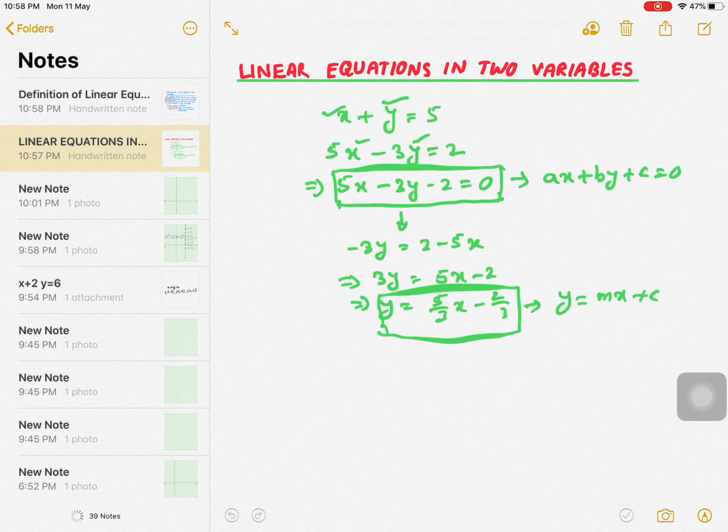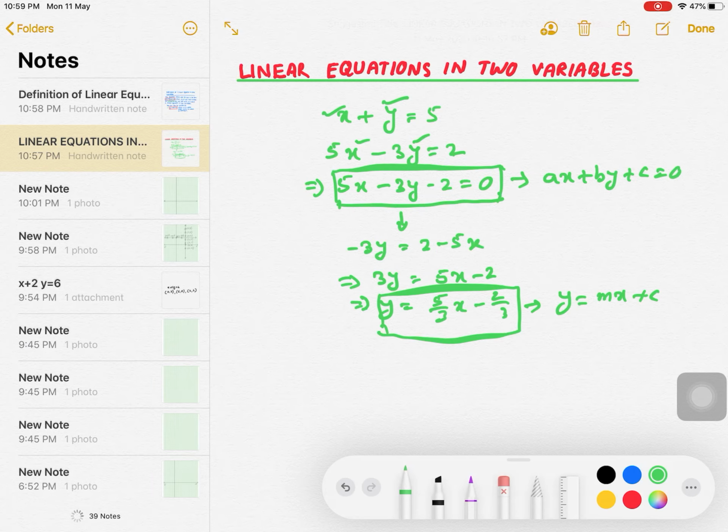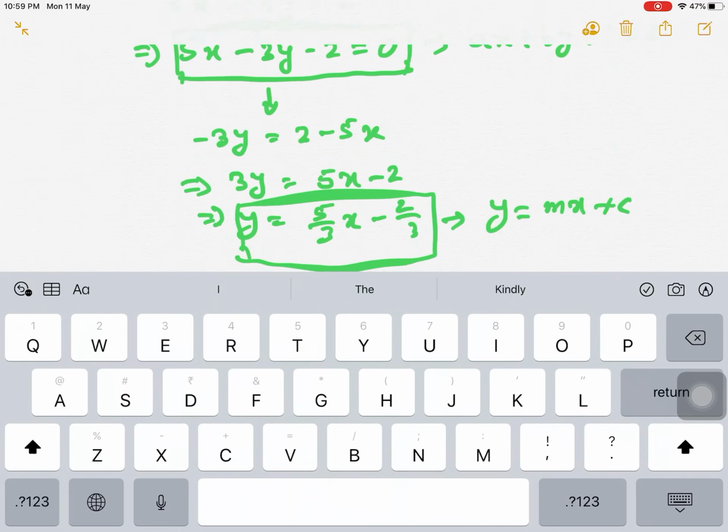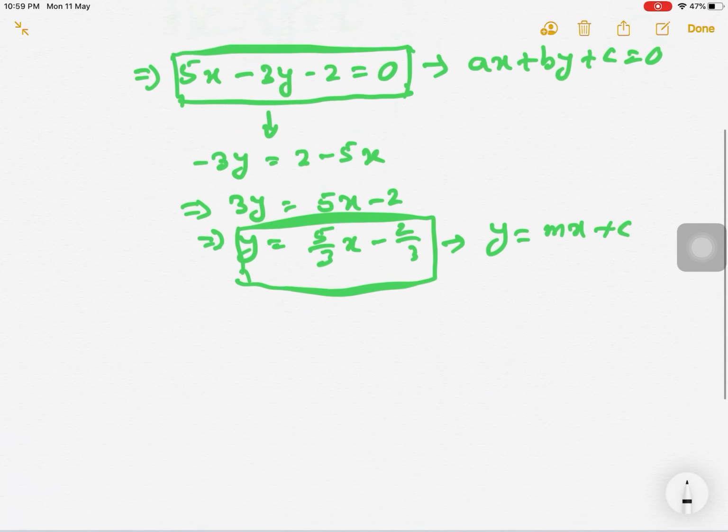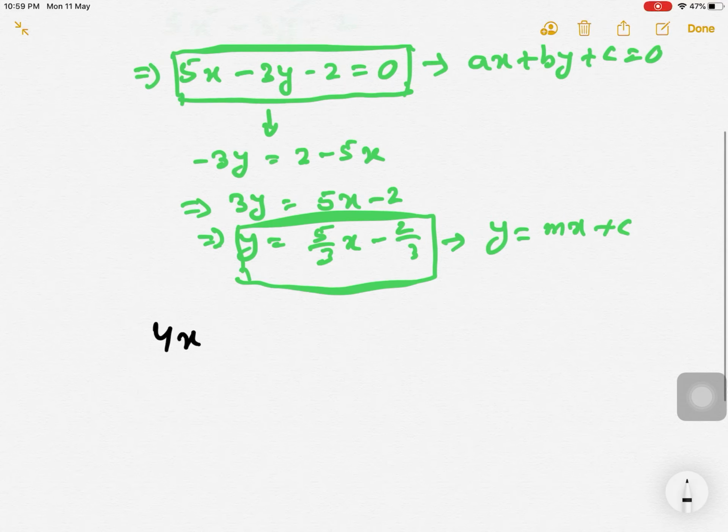Now let's think of how to solve linear equations. Let's take an equation. Suppose I take 4x minus 2y equal to 0.